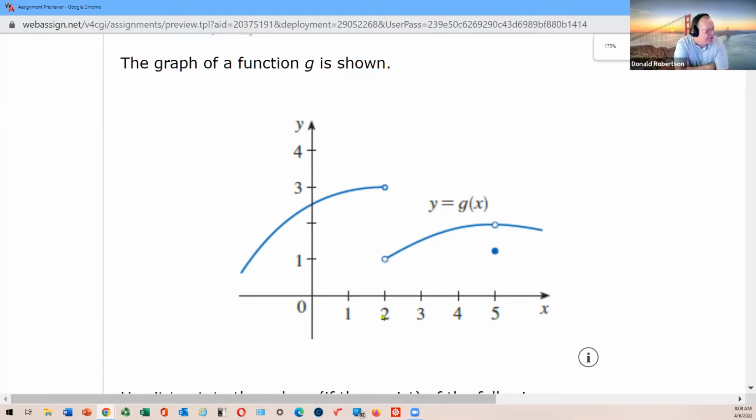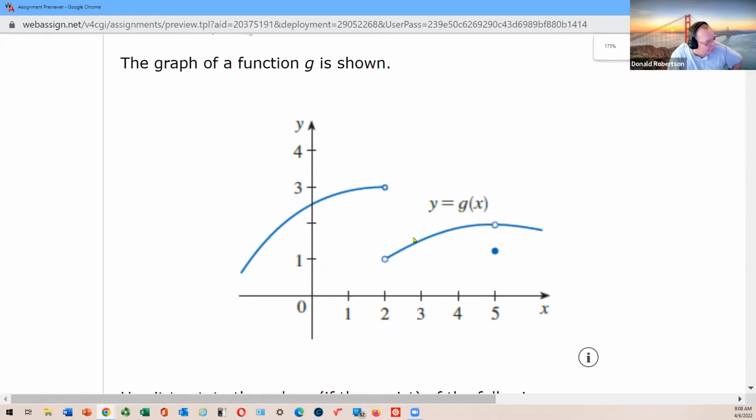What is the left limit as x tends to 2 here? That's x tends to 2 minus. 3. Left limit coming in this way. What is the right limit as x tends to 2? 1.